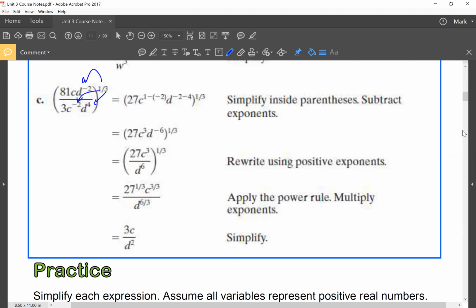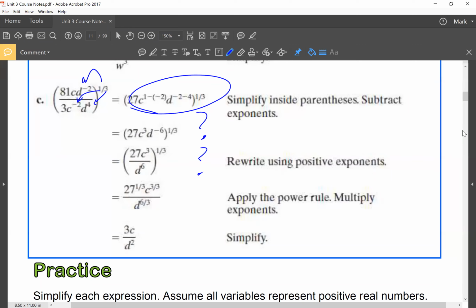Why does it get me to do that? Hold on. I think there's a typo here. Yes, I think 81 powered by 1/3. Something is wrong here.